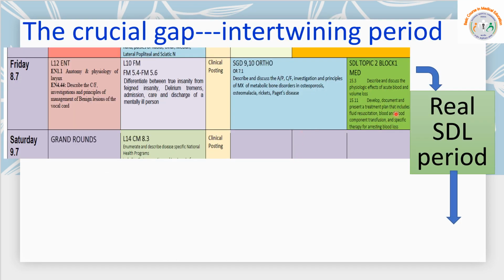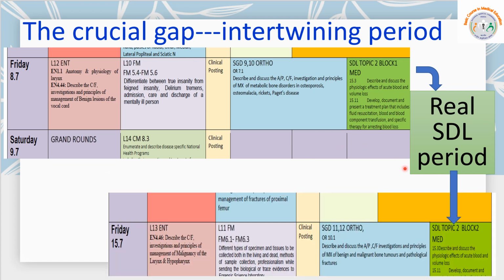Now, one important point is this gap. Suppose the introduction is done on a topic, say in block 1 on medicine on this day. There is a gap, and then there will be a presentation. This intervening period is actually the real self-directed learning period.